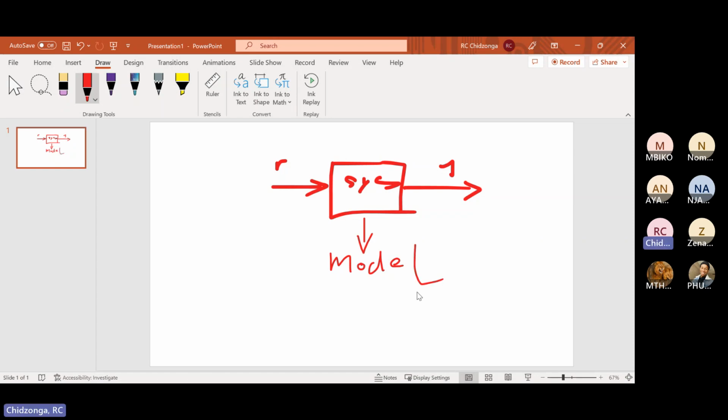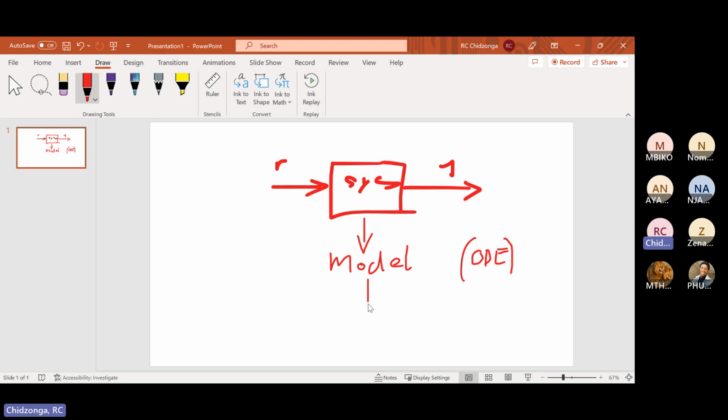A model is just, in our case, an ordinary differential equation that captures the behavior of the system. So we start off with a system, we have a model. To arrive at a model, we need to understand the physics of the problem at hand. If we don't have full knowledge of that physics, we have to do some research, consult other experts in the field until we come to a model.